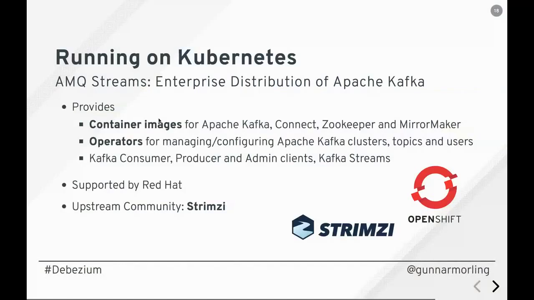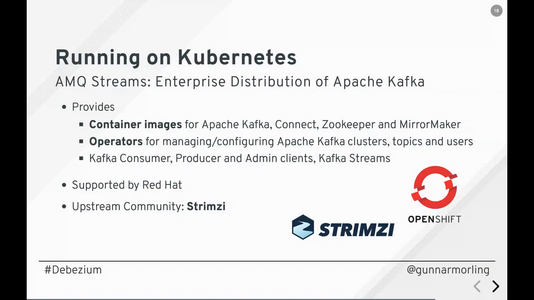And just a few words on this Strimzi project. As I mentioned, I used that to set up Kafka on OpenShift in this case, and Strimzi makes this very easy for me. What it provides is container images of Kafka, Kafka Connect, Zookeeper, and everything else. So I have nice images, but more interestingly, I have Kubernetes operators, and those operators take what's called custom resource definitions, which essentially are YAML files which, for instance, describe a Kafka cluster.